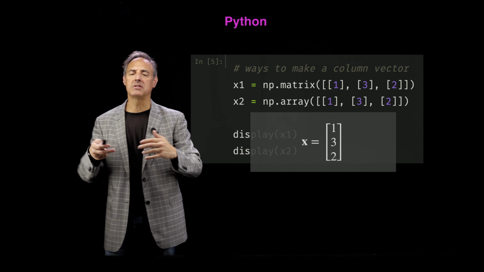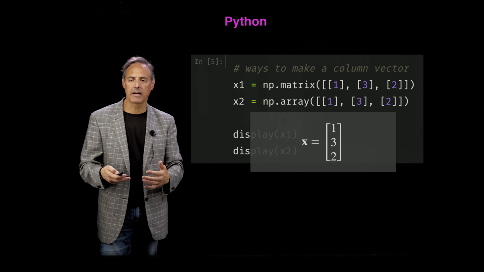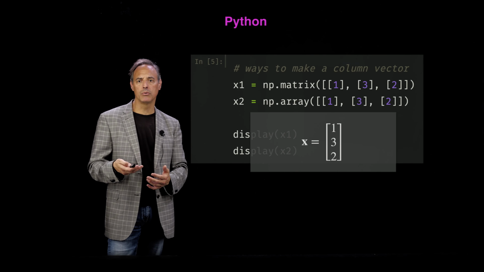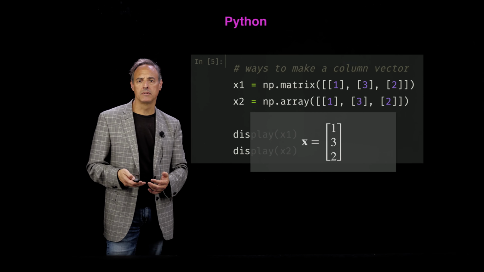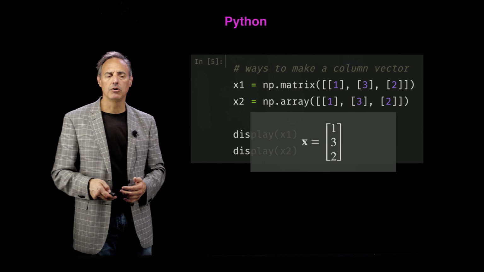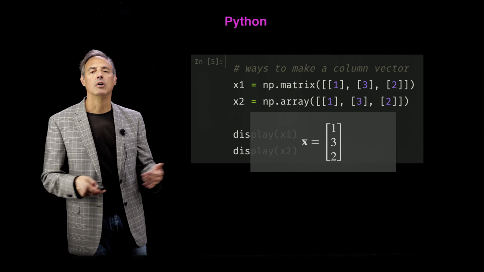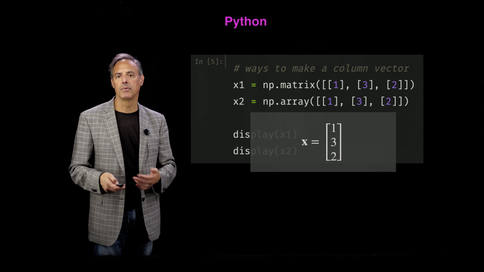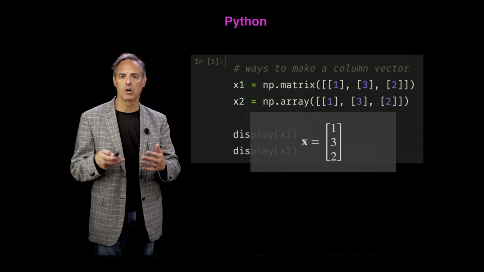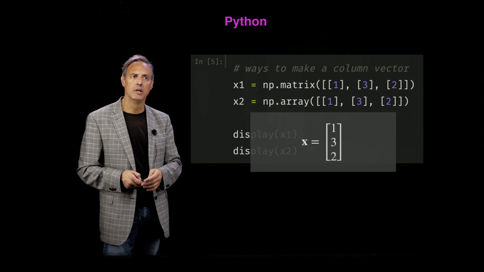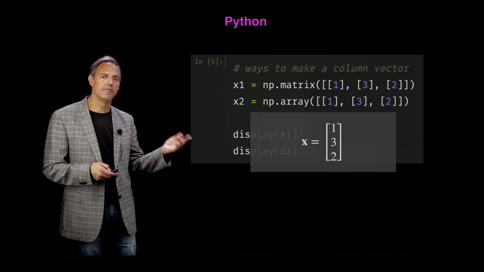And that will actually tell you the shape of this vector or matrix. So it'll tell you how many rows and how many columns it has. So it's a nice thing to have in mind. You can either display it or print the shape, which gives you the row-column space that you have working with.